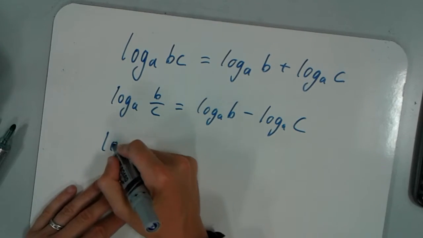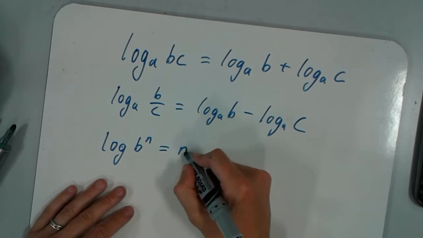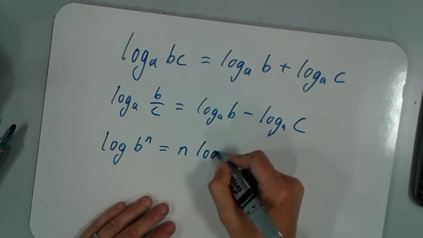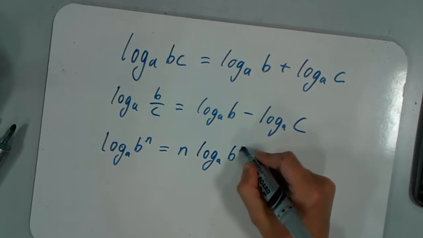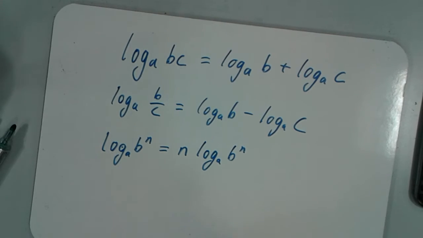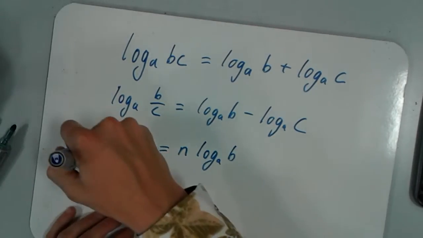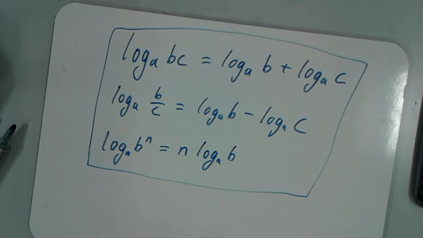And a power we can write as a multiplication. We can bring that power to the front. Again, we didn't assume anything about a, b, c, x or y. These rules are generally true. These are what you need to remember to deal with your logarithms. Okay?